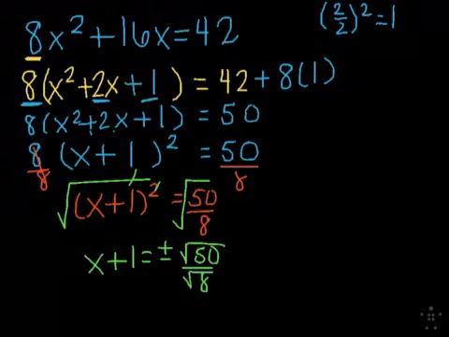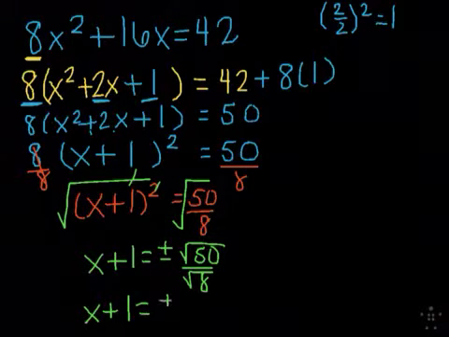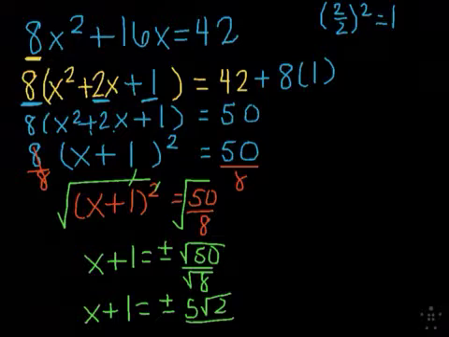All right. So this is going to simplify to x plus 1 equals plus or minus 5 square root 2 divided by 2 square root 2. The square roots of 2 are going to cancel.